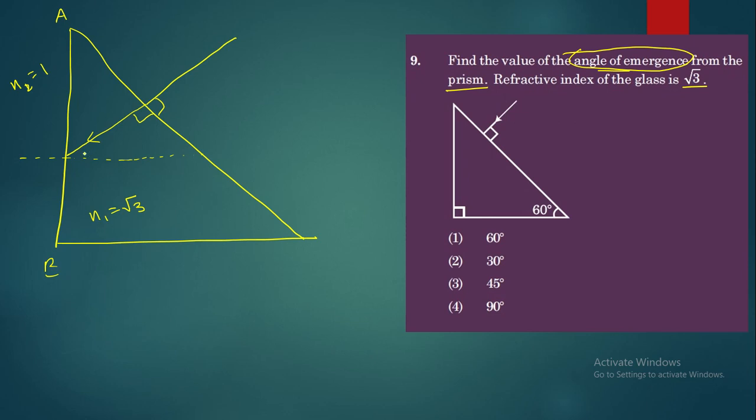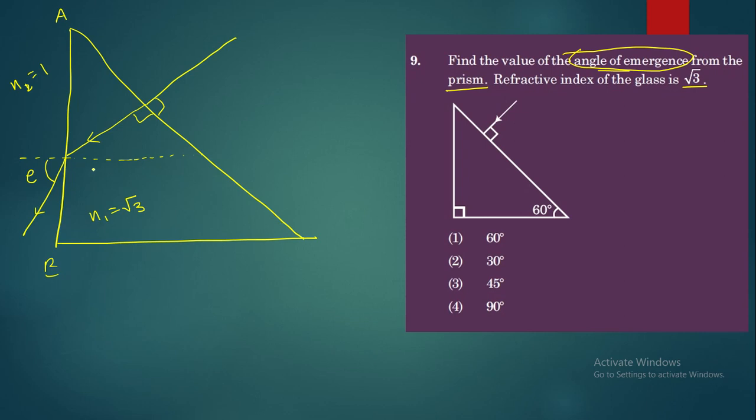So it is going from the denser medium to the rarer medium, therefore the light will bend away from the normal, and the angle that it makes while it goes out from the prism is the angle of emergence. So simply, the angle of emergence is the angle made by the light with the normal when it goes out of the prism.